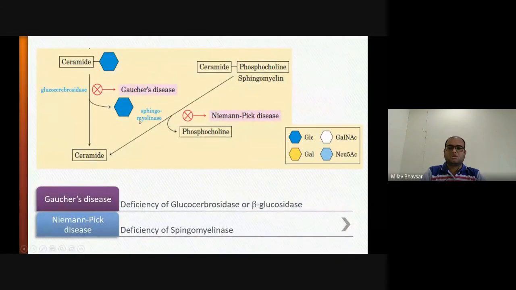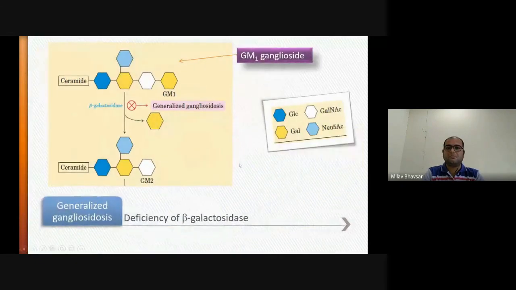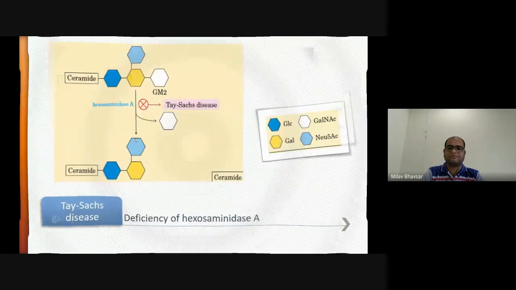Important ones: Gaucher's disease and Niemann-Pick disease. In Gaucher's disease, glucocerebrosidase or beta glucosidase is not there, so ceramide is not generated. In Niemann-Pick, there is a problem with sphingomyelinase. In GM1 gangliosidosis, beta galactosidase is not working properly.